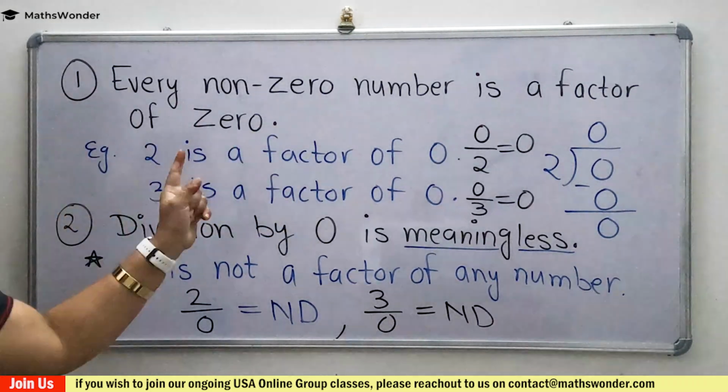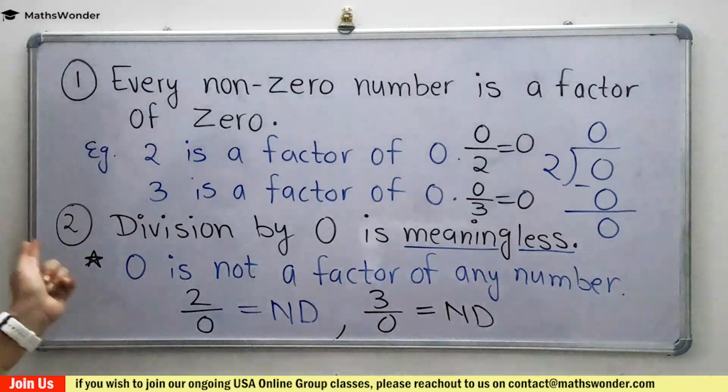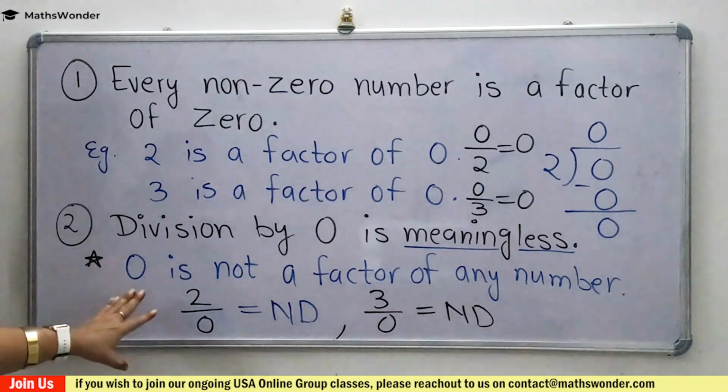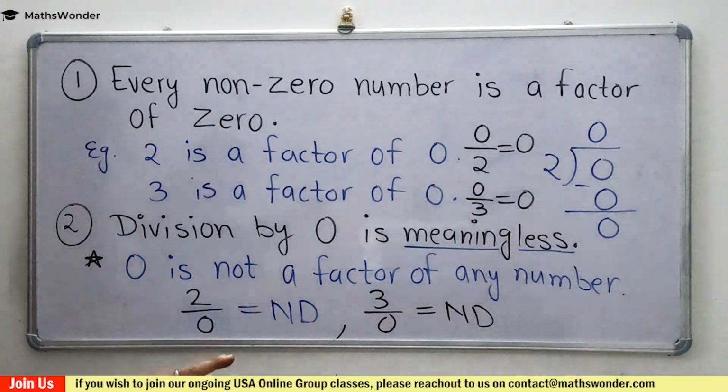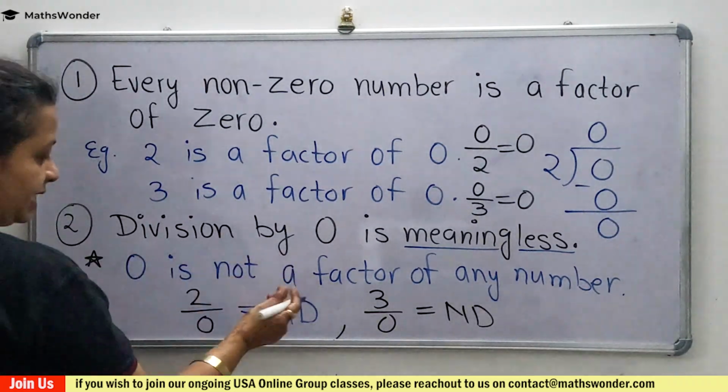Yes. Is 3 a factor of 0? Yes. Is 5 a factor of 0? Yes.